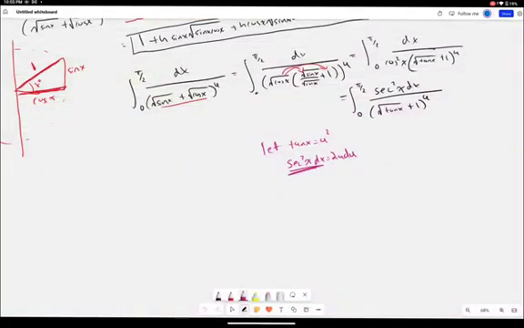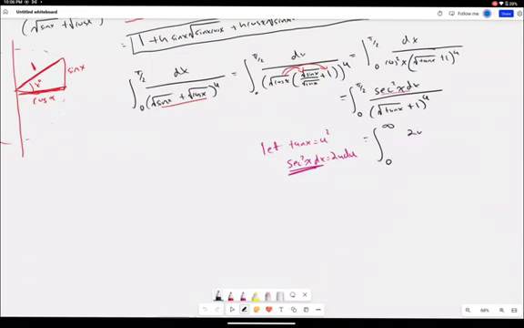And I can see that this term right here is already present on the top as well. But I'll have to change my bounds of integration though. If I plug in pi by 2, tan at pi by 2 is not defined, but since we're approaching pi by 2 from the left, my upper bound becomes infinity, and my lower bound, when I plug in tan of 0, is still 0.